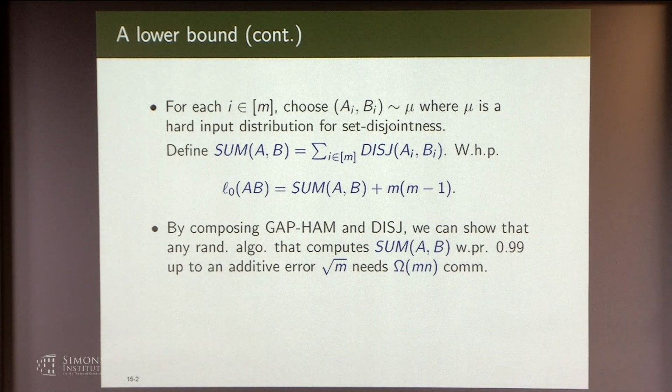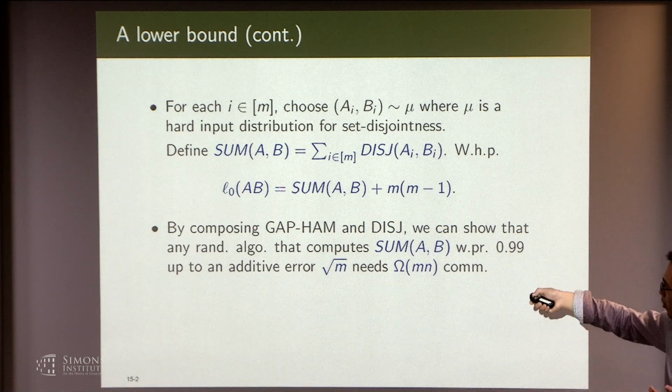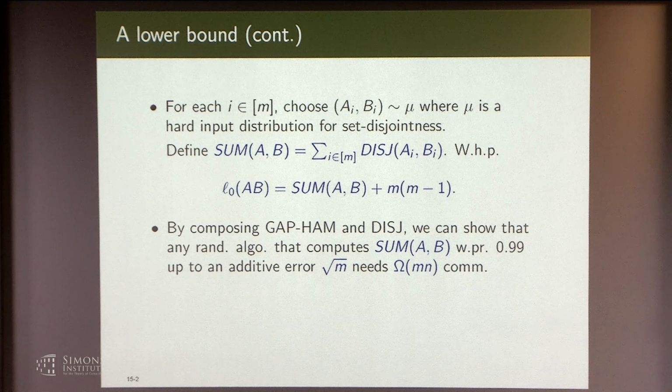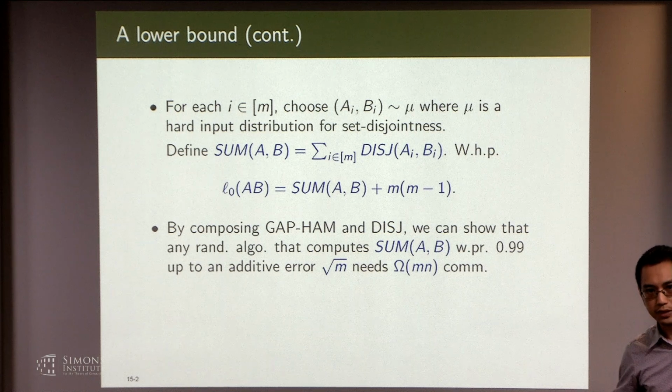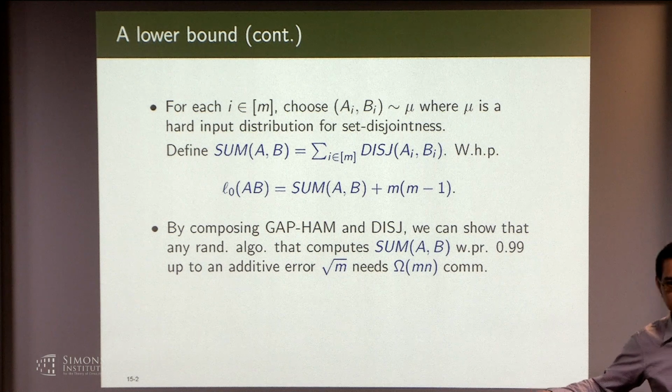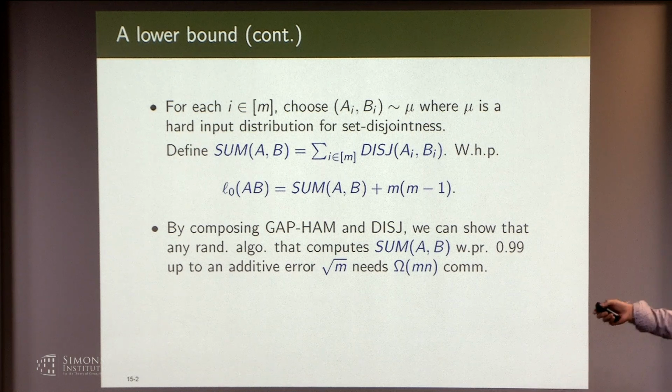Okay, so how do we prove this? The high-level idea is that, to approximate this sum well, we have to solve an embedded gap Hamming instance. By the previous lemma, to solve this gap Hamming instance up to additive error of square root m, we have to learn basically a linear number of the bits w_i, and each w_i is the output of a set disjointness problem, which needs omega m bits.